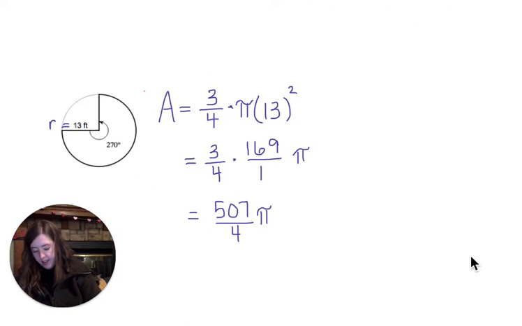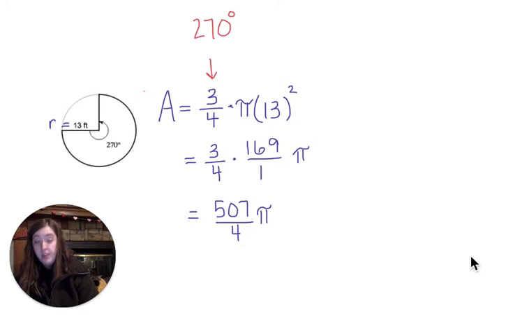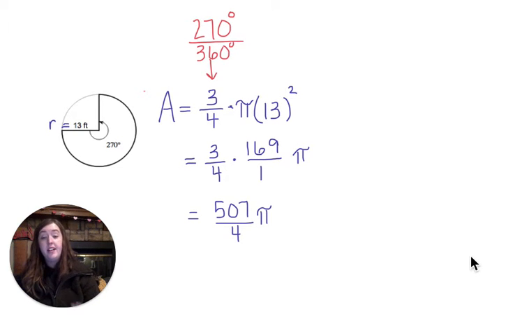Over here, if we were to take that angle measure in there, 270 degrees, and put that over a whole circle of 360 degrees, we would simplify to 3/4.